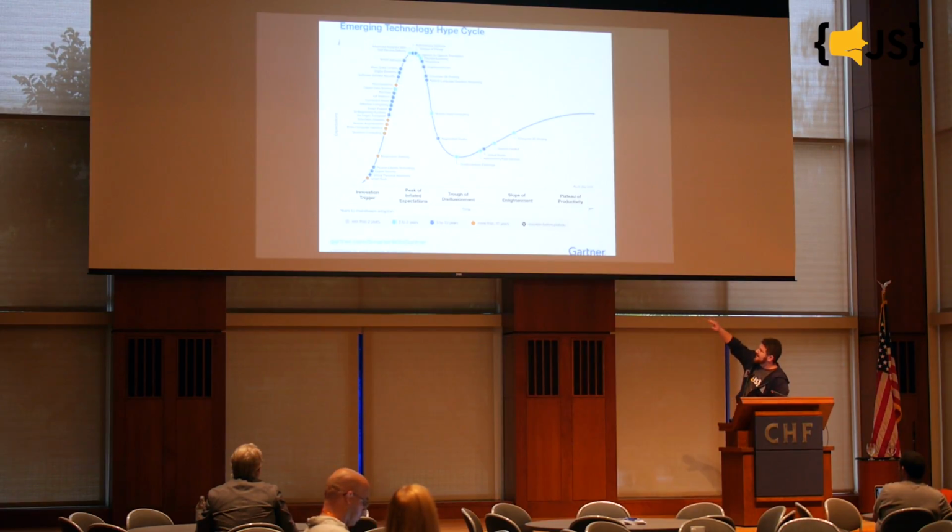Basically, these are all corporate tech buzzwords plotted out on this chart. The X value is a period of time, and the Y value is the level of expectations. And up at the very peak there, we have Internet of Things, all right? That is the peak of inflated expectations.